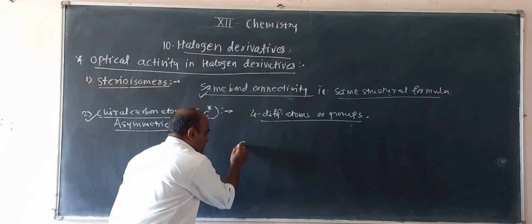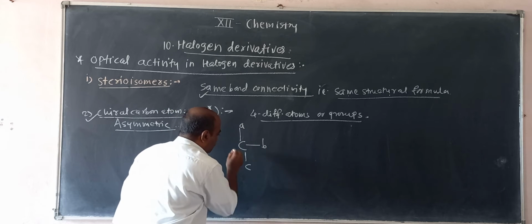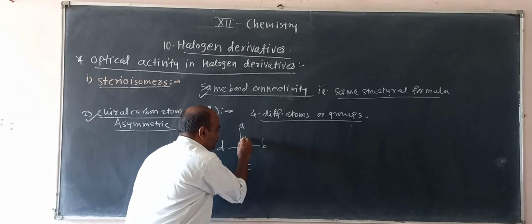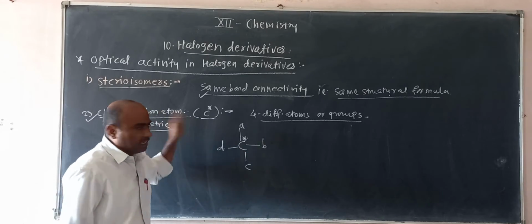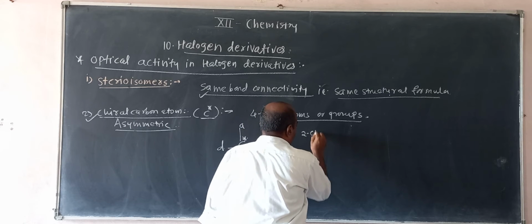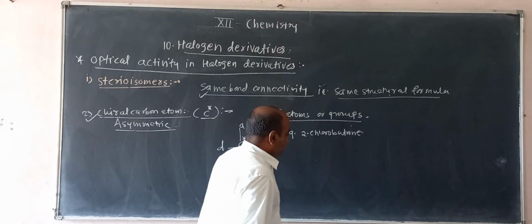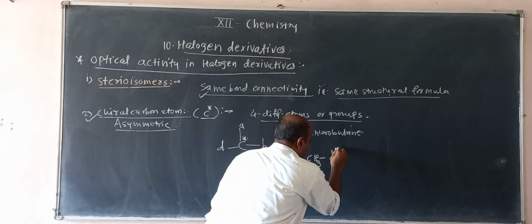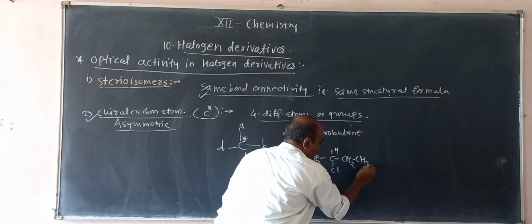For example, this is a carbon atom. If 4 different atoms or groups are attached to that carbon atom, then this carbon atom is called an asymmetric or chiral carbon atom. For example, take 2-chlorobutane. Here we have CH3, CHCl and CH2CH3.